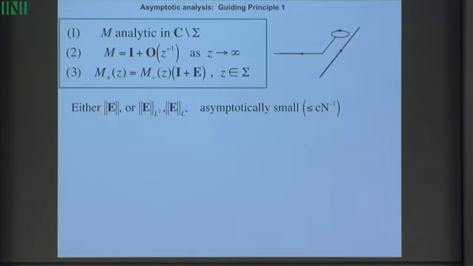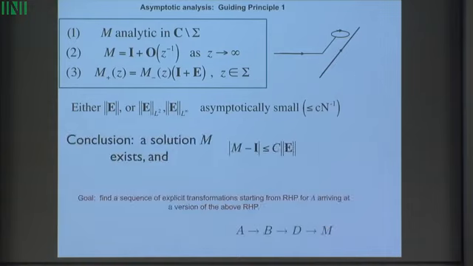The statement is, if I know that this E is small in some sense, either L2 or L infinity, if I know that it's asymptotically small on the contour with enough regularity, then I can prove that a solution to that problem exists, and I can prove that it's basically close to the identity matrix everywhere. Now, this clearly looks vague, right? Does this depend upon z? What does this mean?